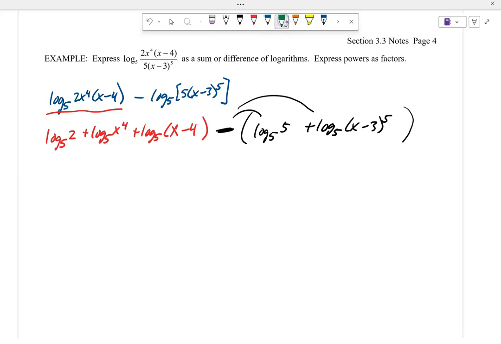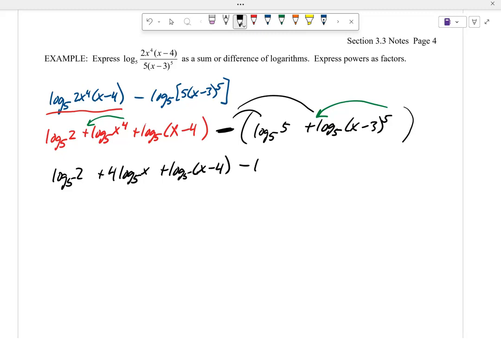I'm also going to go ahead and use the power rule. That goes in front, that's going to go in front. So we have log base 5 of 2 plus 4 log base 5 of x plus log base 5 of x minus 4 minus log base 5 of 5 plus 5 log base 5 of x minus 3.